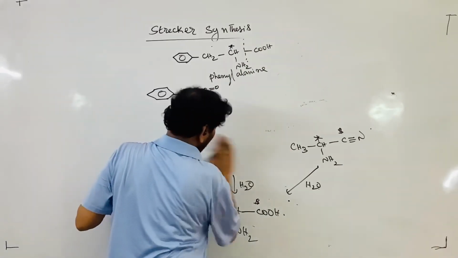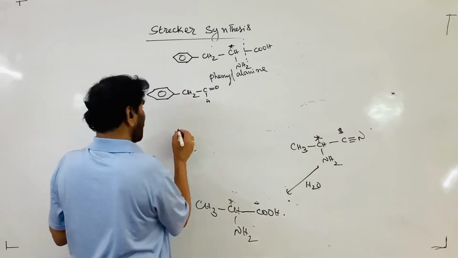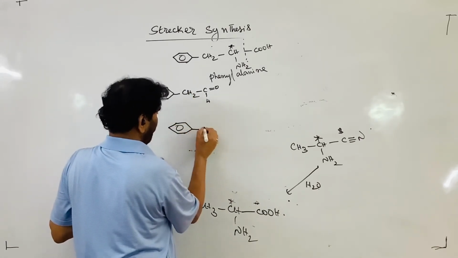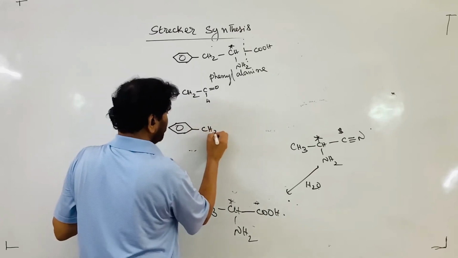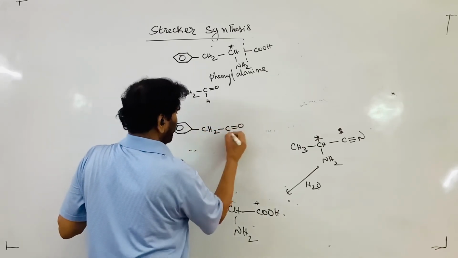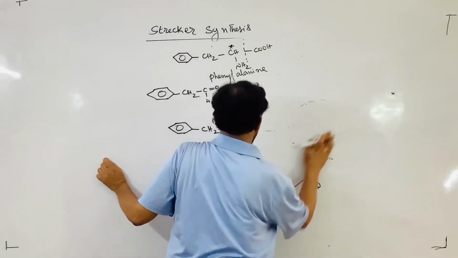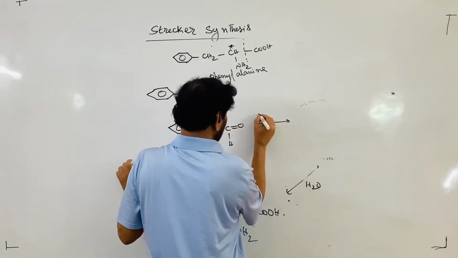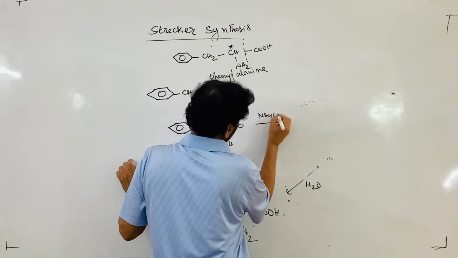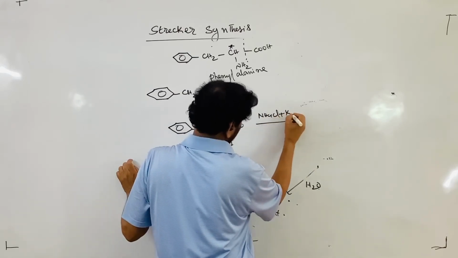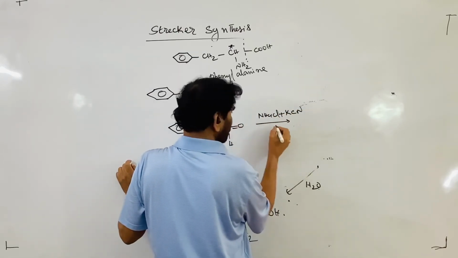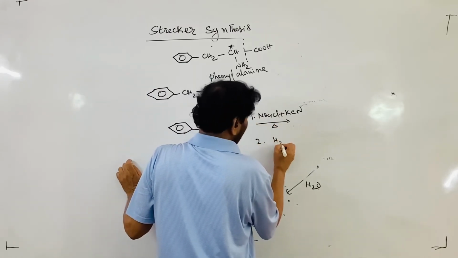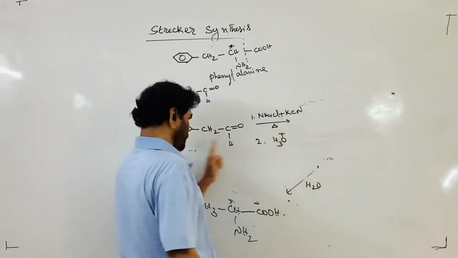Now what we have to do? Start with the 2-phenyl acetaldehyde. So what you are doing? One, treated with ammonium chloride plus KCN, potassium cyanide, heat. Two, to hydrolyze, acidified water is used.